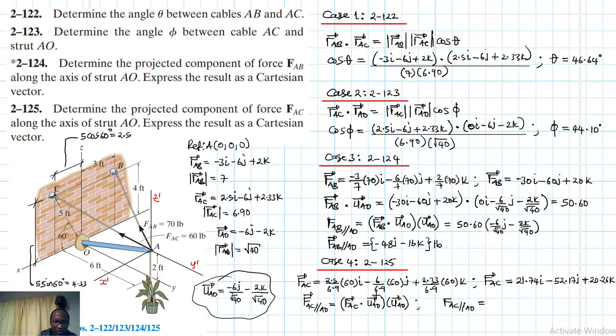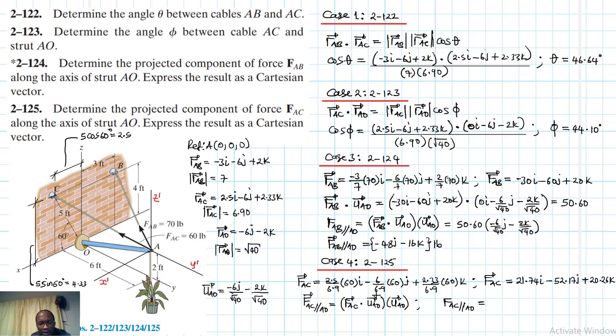Okay, so we start with those in the brackets. So let's multiply. So minus 52.17 times 6 divided by root of 14.